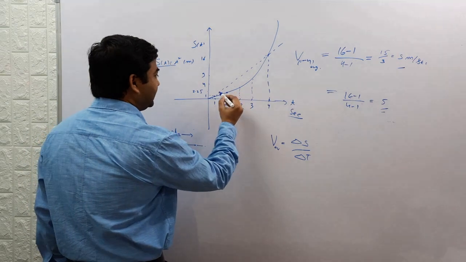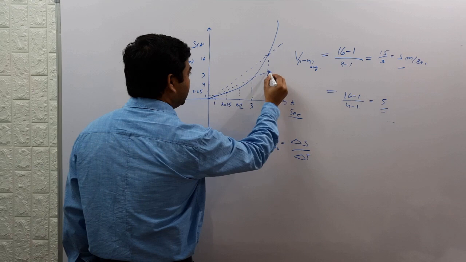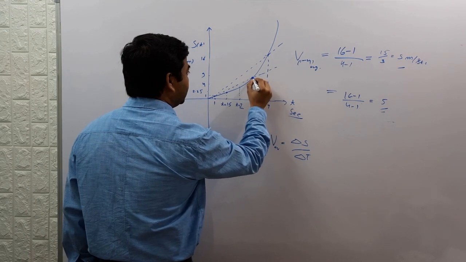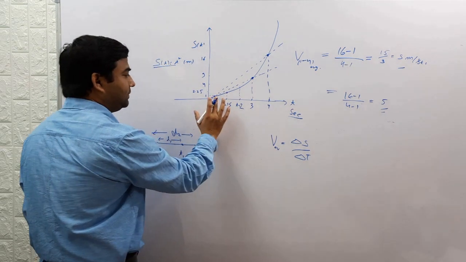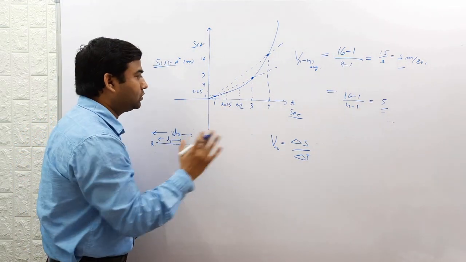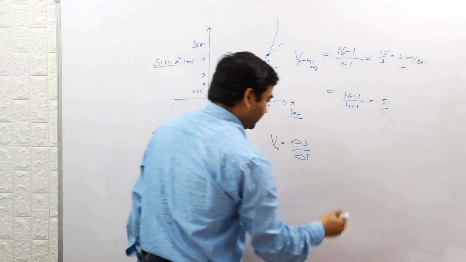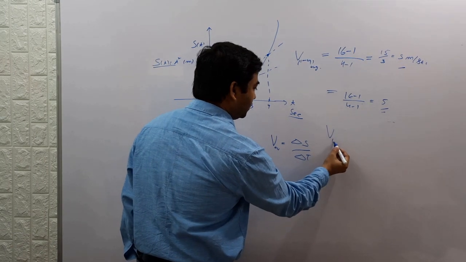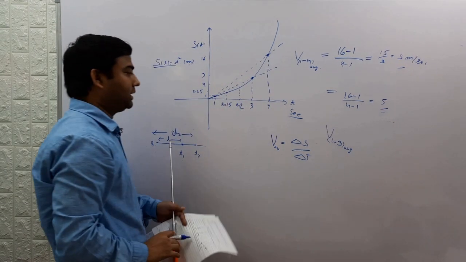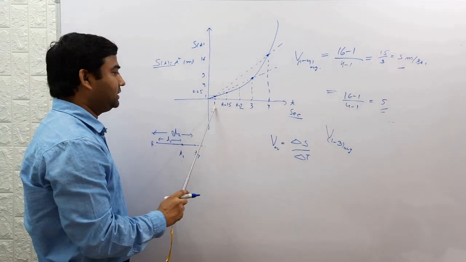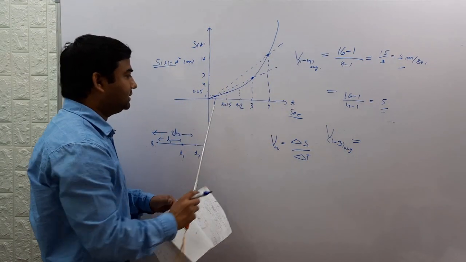Average velocity is equal to gradient. Similarly, take another secant, joining point t equal to 1 and t equal to 3. We will keep t equal to 1 constant for all. So the average velocity of the particle between time interval t equal to 1 to t equal to 3 is the distance covered in this time interval.